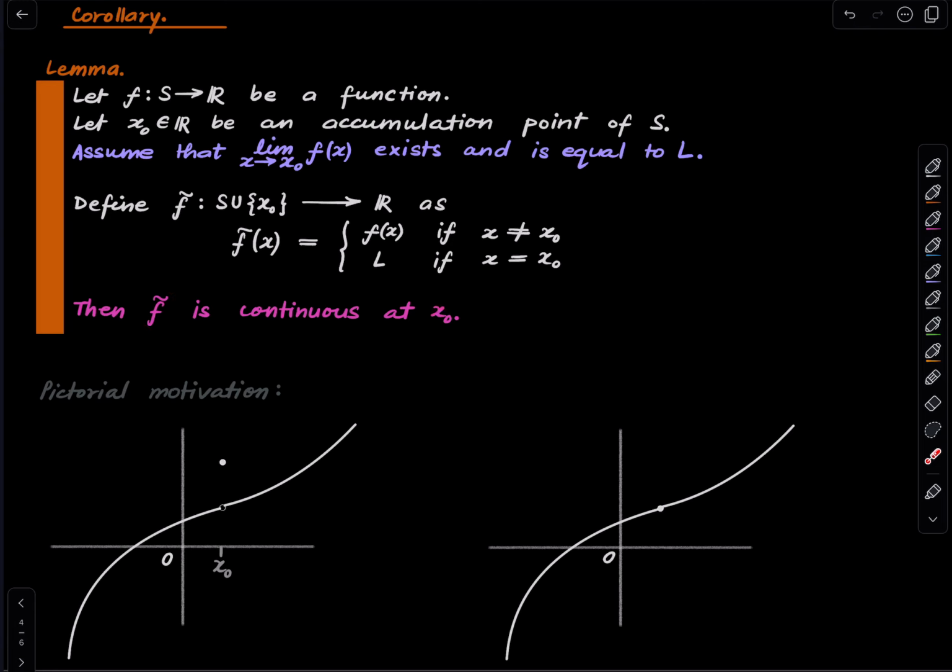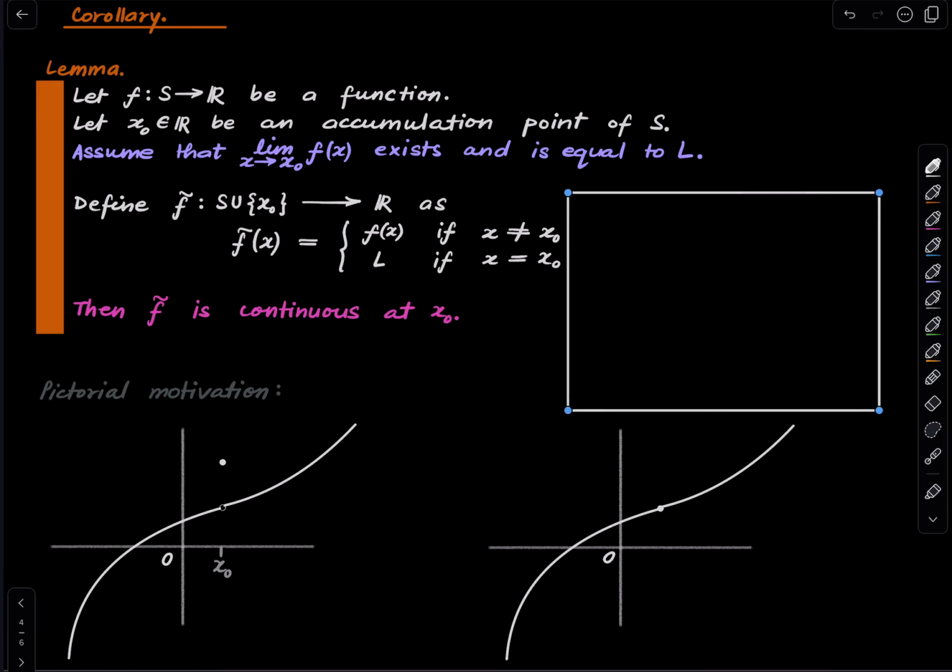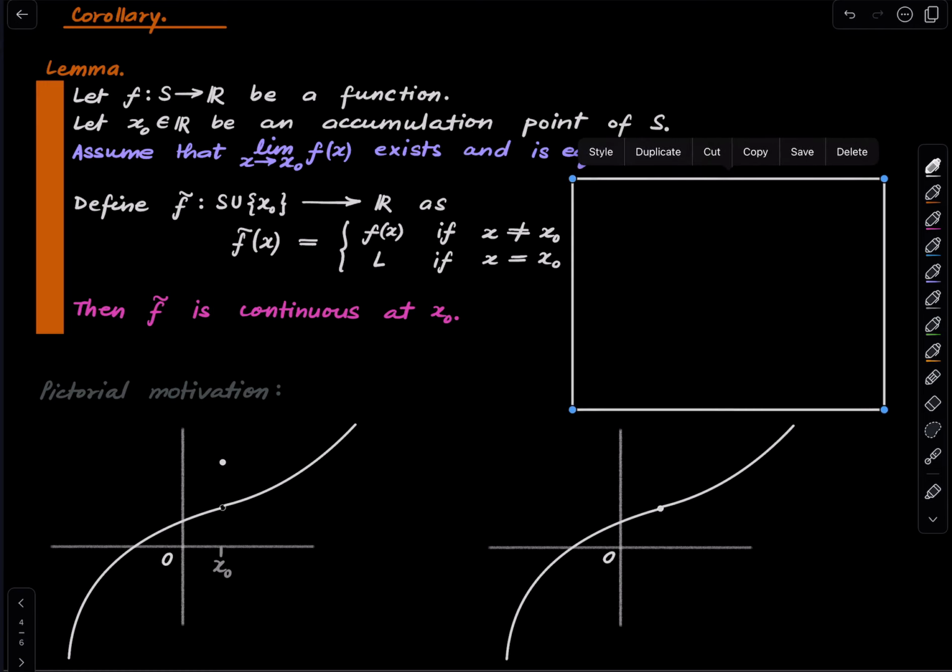Okay, so why is that? I don't want to take an extra page for it. So let me try to argue here, but that might not be sufficient. Let me try to argue here itself. So it's a brave attempt I'm going to make. So let epsilon greater than 0. We want to show f tilde is continuous at X naught.